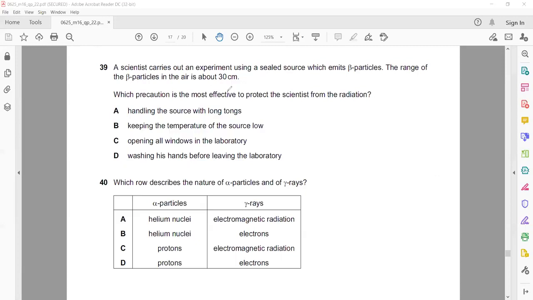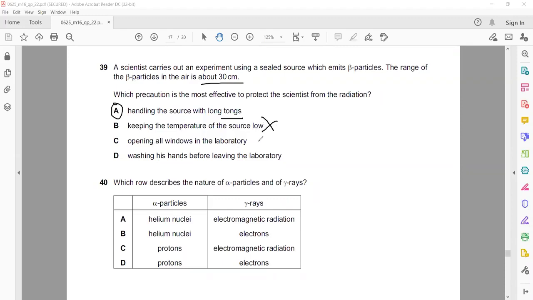Question 39. Most effective: handle the source with long tongs, because they already mentioned the range in air is about 30 centimeters, so we should keep away from the source. That's why A is the right answer. Keeping a temperature does not affect the radiation.